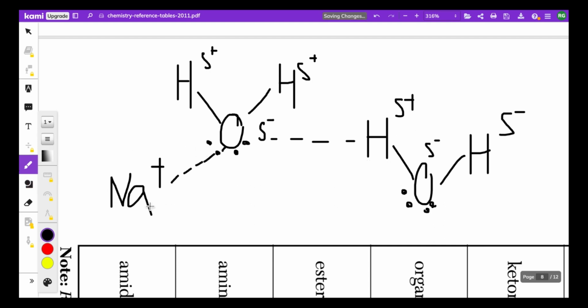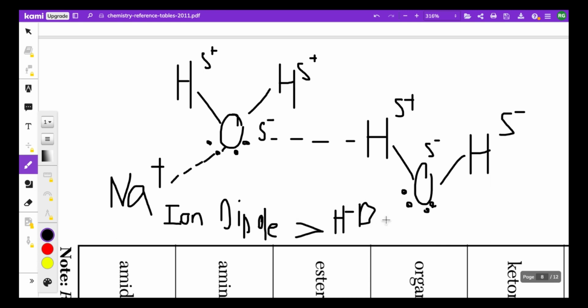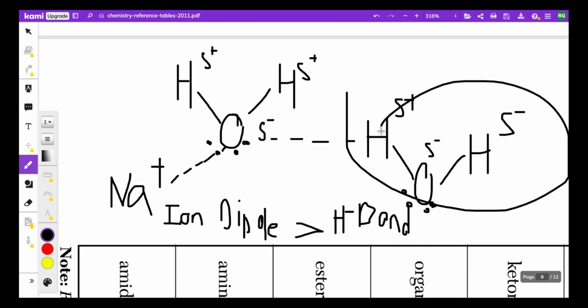This is called an ion-dipole force, and it's stronger than the hydrogen bond. So basically, when you add ions to the solution, the forces of attraction between the ion and the water are stronger than the attraction between a water molecule and another water molecule.